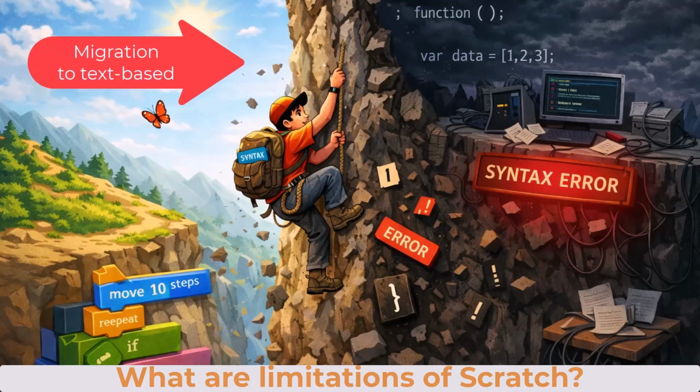Secondly, transitioning from Scratch to text-based programming languages is not very easy. It takes some time. Moving to languages like Python and Java requires learners to learn syntax, learn how to type accurately, and also get familiar with debugging or troubleshooting text-based programs.